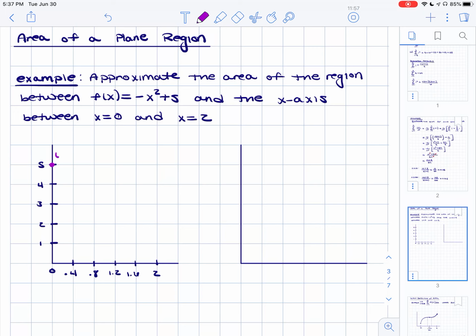So we start off with the point here at 0, 5. If we plug 0.4 into our function, we get 4.84. So the point is 0.4, 4.84.